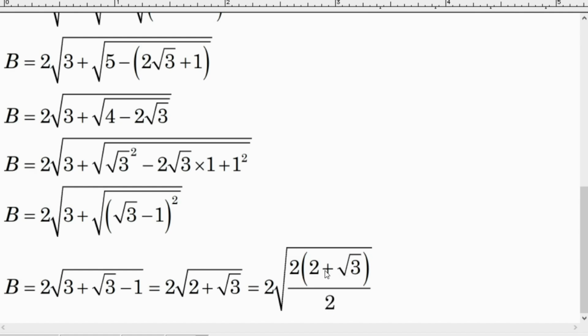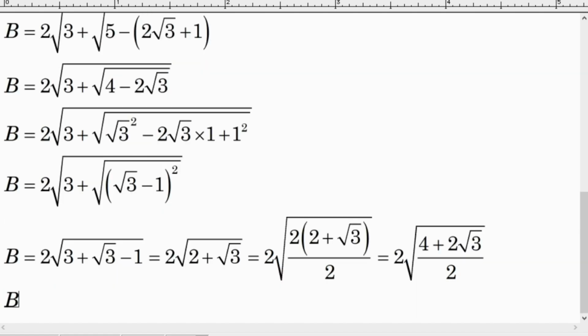Okay, so let's expand this factor. What we will get equal to 2 factor 2 times 2 equal to 4 plus 2 square root of 3 divide by 2. Okay, so then b equal to, now we can separate the numerators and denominator.